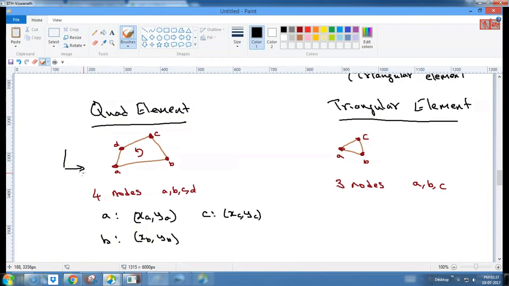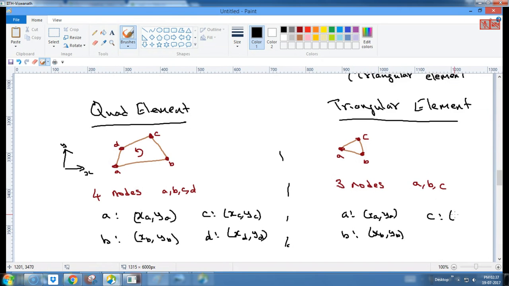This is X, this is Y. Similarly, node D is defined by XD and YD. While here we have 3 nodes: A is defined by XA, YA, B is defined as XB, YB, and C is defined as XC, YC.